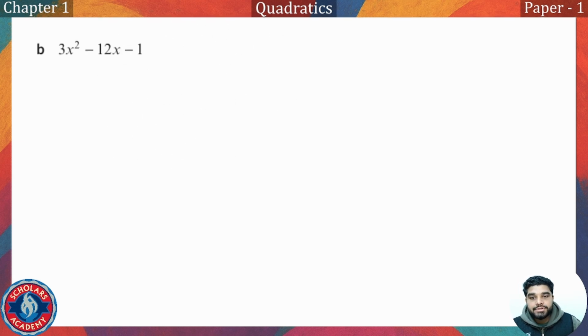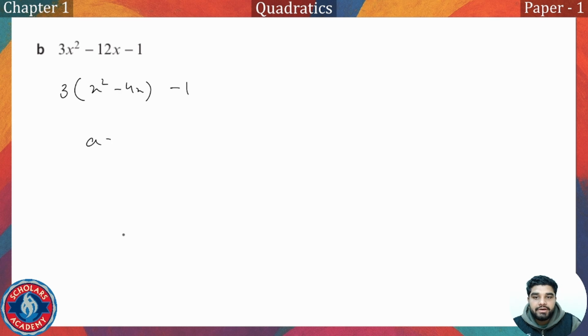Let's move to the next question. Similarly, we'll take 3 common. We get x square minus 4x. We'll ignore negative 1. So negative 1 remains outside. We'll try completing this whole square. Okay.